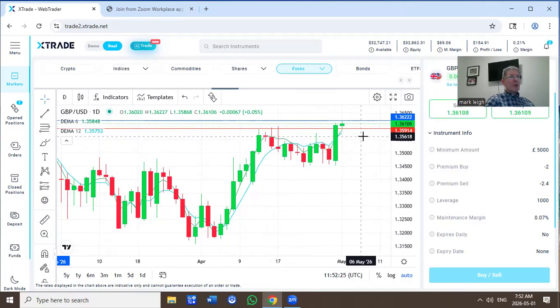I've got resistance at 136.22. So buyers will look to maintain, break above the 136 level and look up at this resistance. Alternatively, if we do see US dollar fighting back, sellers will look down below 136, looking down at support and lower. You can see the EMAs have crossed to the upside.